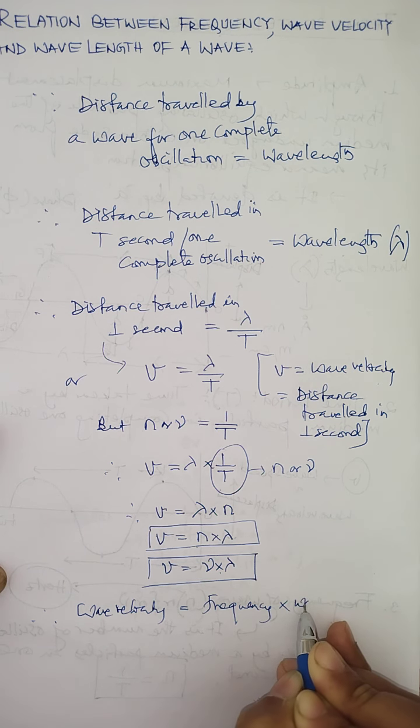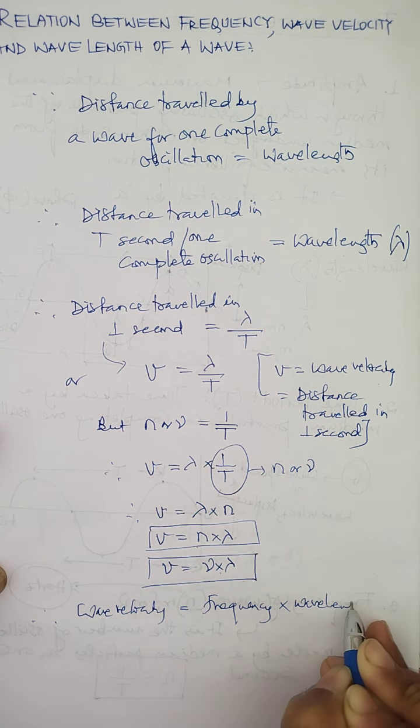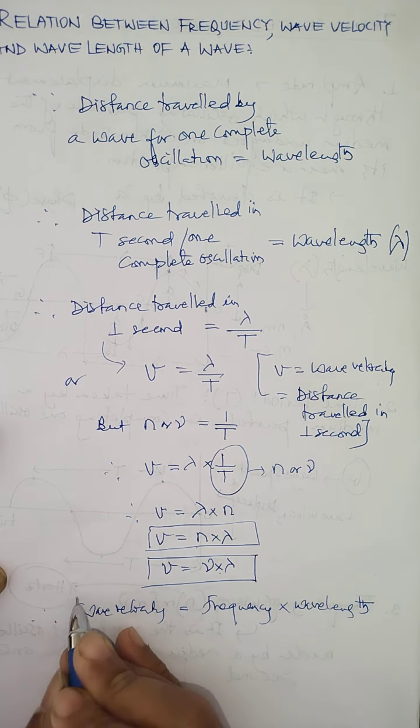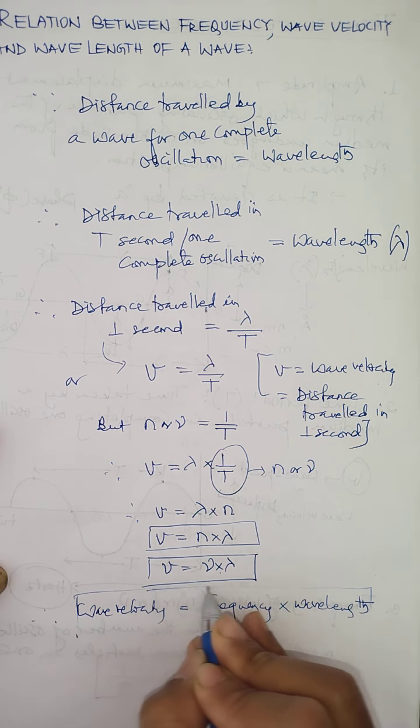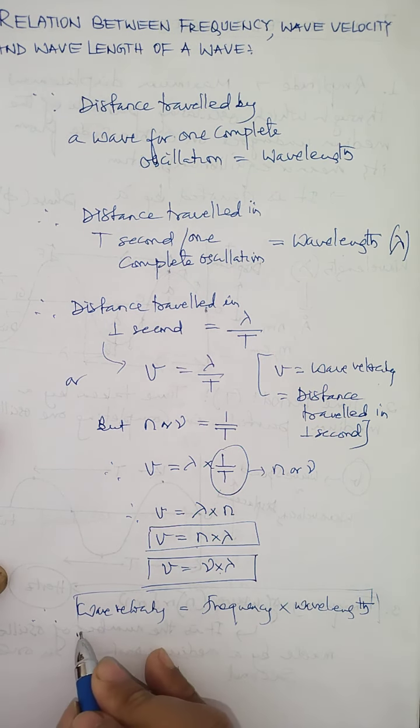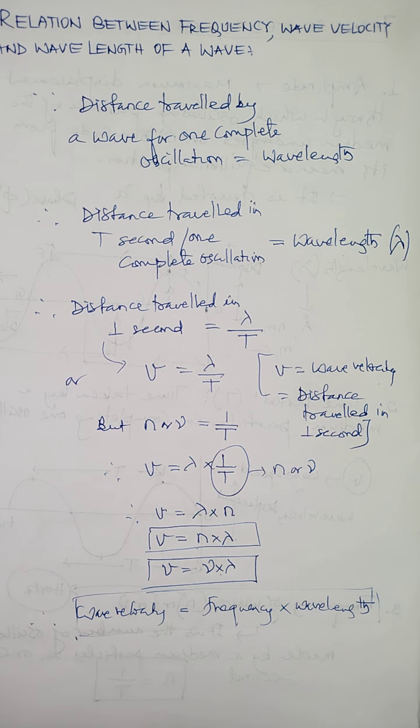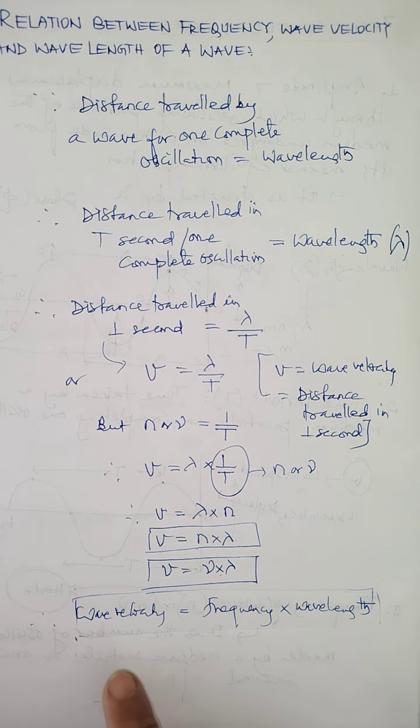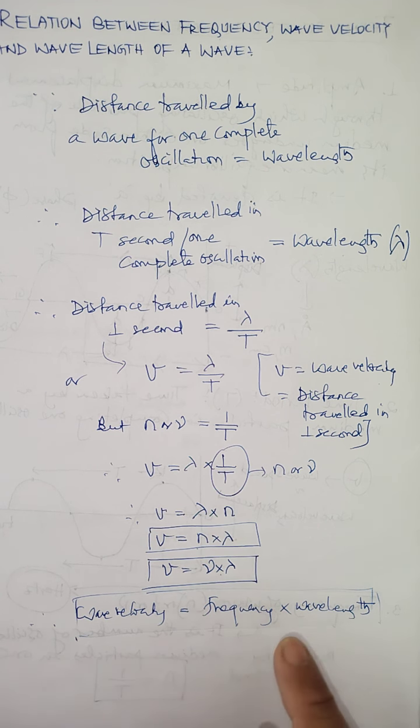The product of frequency and wavelength measures the wave velocity. So it gives the relation between wave speed, frequency and wavelength.